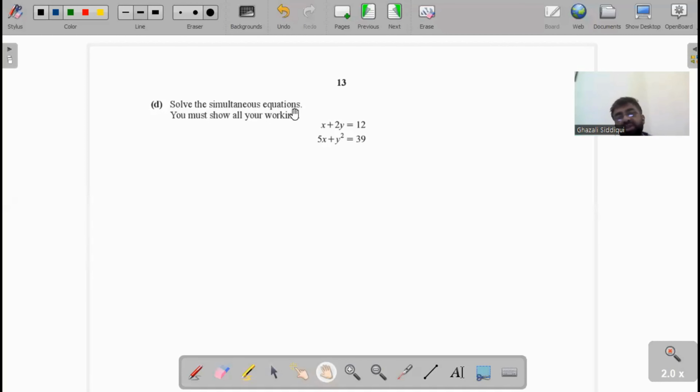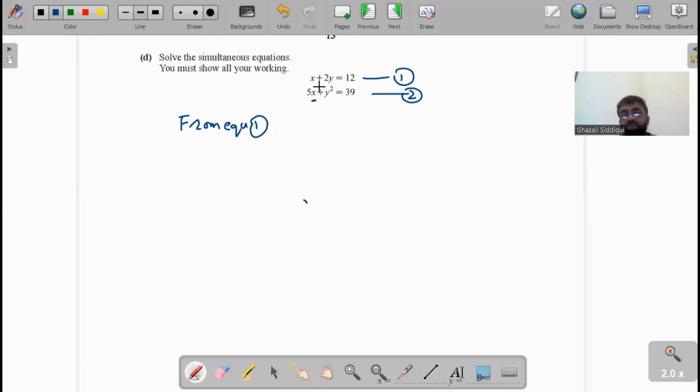Part D, solve the simultaneous equations. You must show all your working. x plus 2y equal to 12, 5x plus y squared equal to 39. Now this is equation 1 and this is equation 2. From equation 1, x is equal to 12 minus 2y. Substitute this value in equation 2: 5 into x, that is 12 minus 2y, plus y squared is equal to 39.